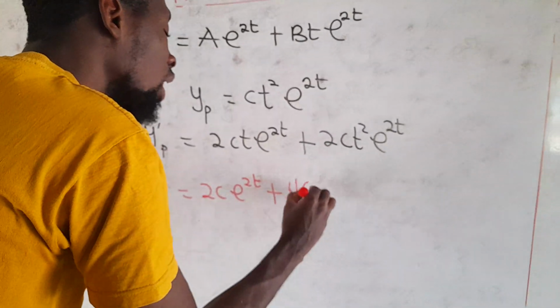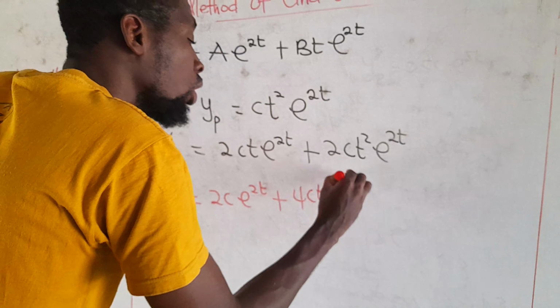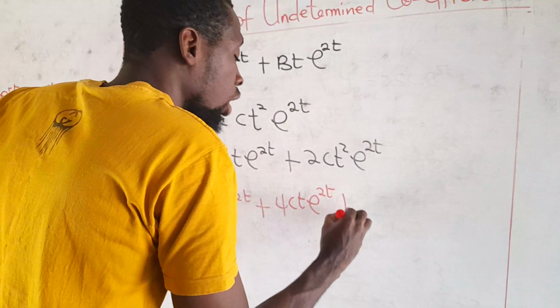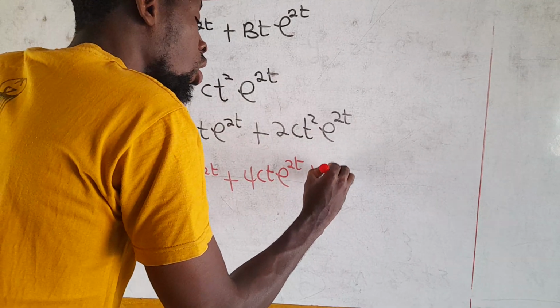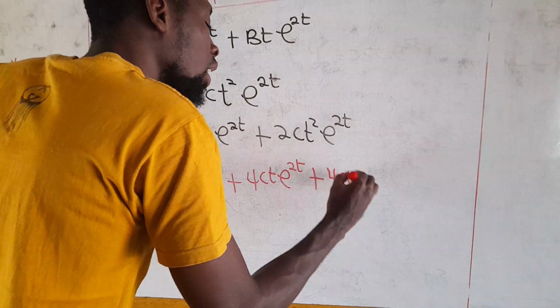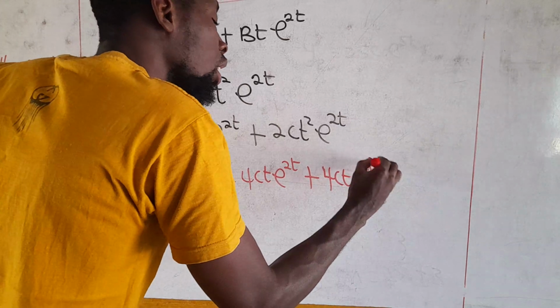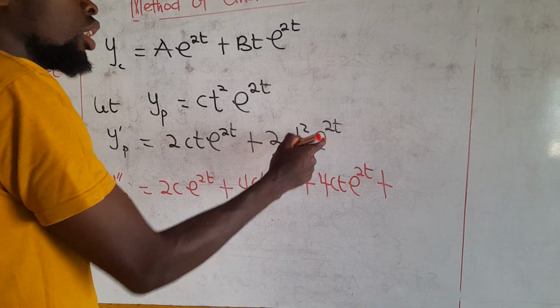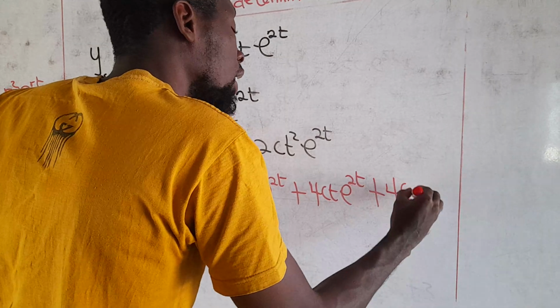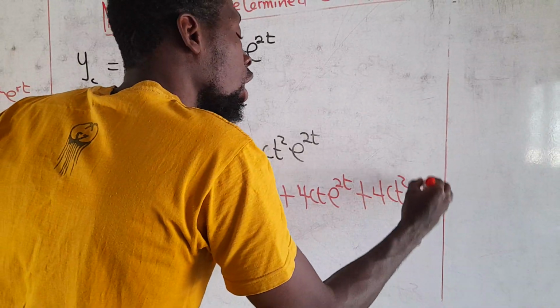I'll get 4ct e exponent 2t. Very, very important. Then plus, here, I'll differentiate t squared, I'll get 4ct e exponent 2t. Then plus, now I'll keep my t squared and differentiate this. I'll get 4c t squared e exponent 2t.